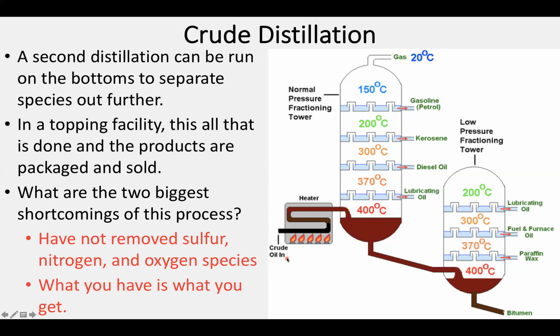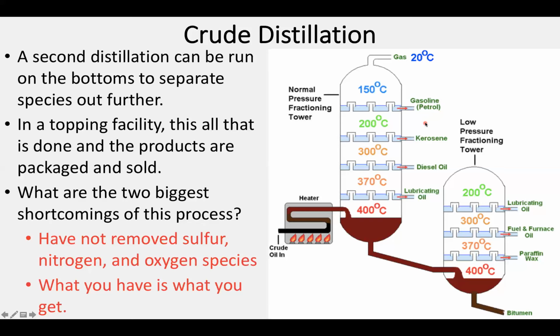Similarly, you're very much limited by what your original composition is. What you bring in is what you get. And so historically, a topping facility was plenty good as you'd be able to sell most of these species in these ratios, and you tended to be much more likely to be using light sweet crude, which was a lot of what the original generation of oil fields would generate.